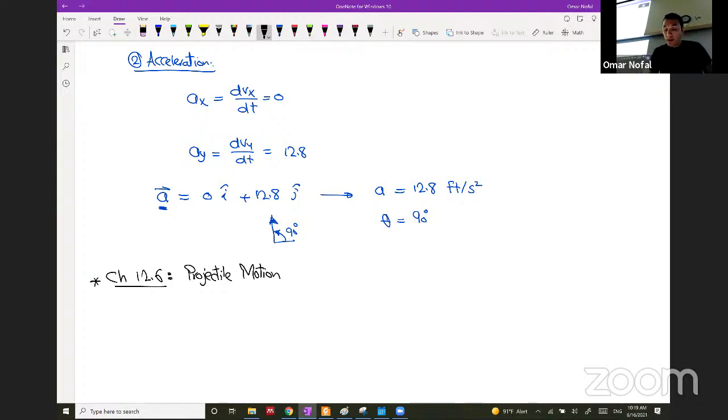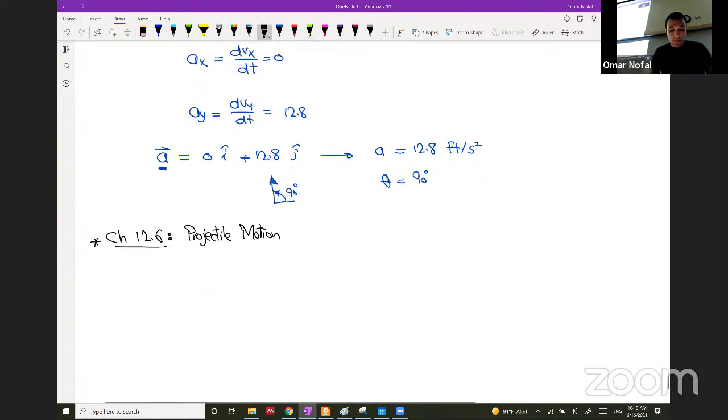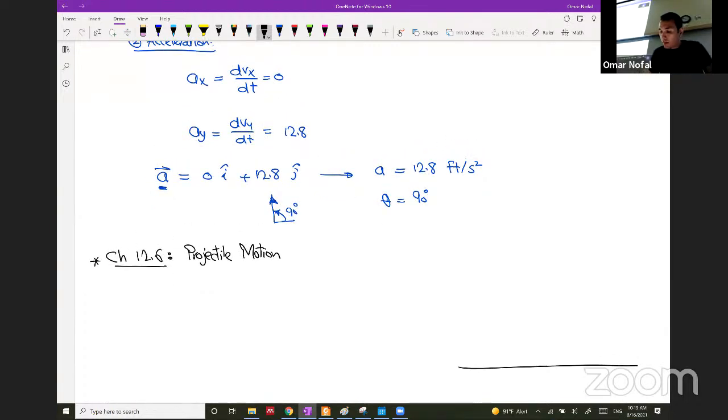Assume that this is the x-axis and this is the y-axis, and you have a soccer ball at this location, and you kick it so it moves along this projectile path until it gets here.